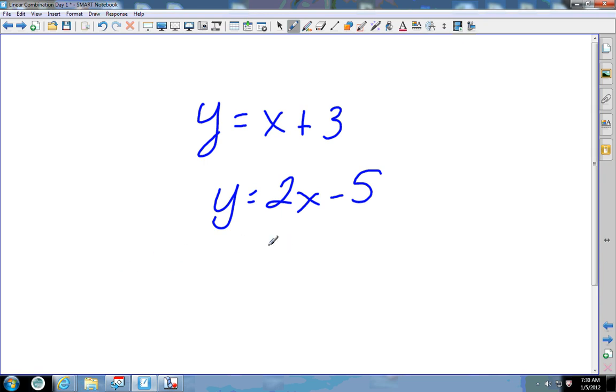Well, we did substitution. What would be the easiest way to do this? Put it into y equals in the calculator to solve by graphing. That's how we started it yesterday, right?